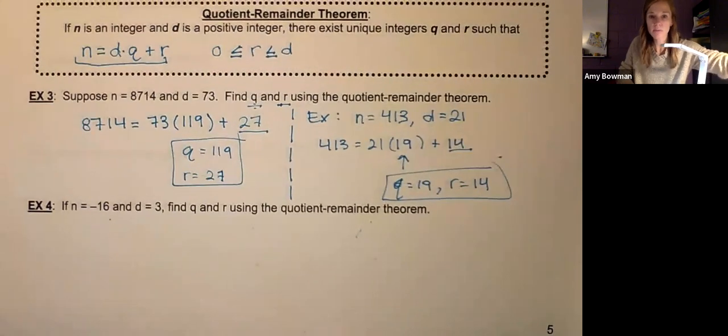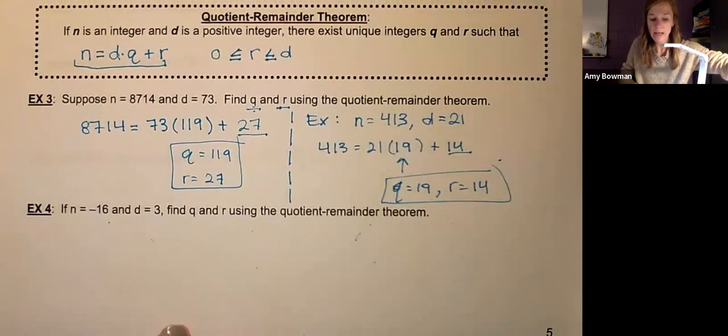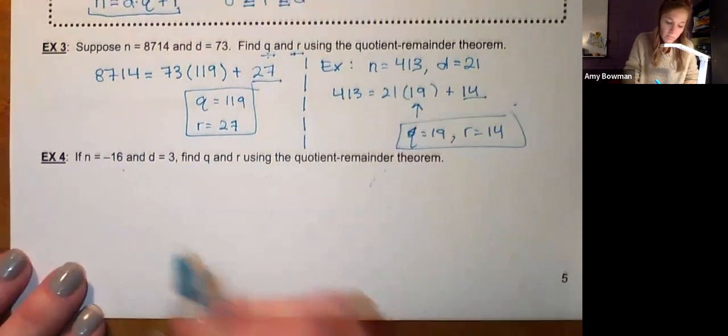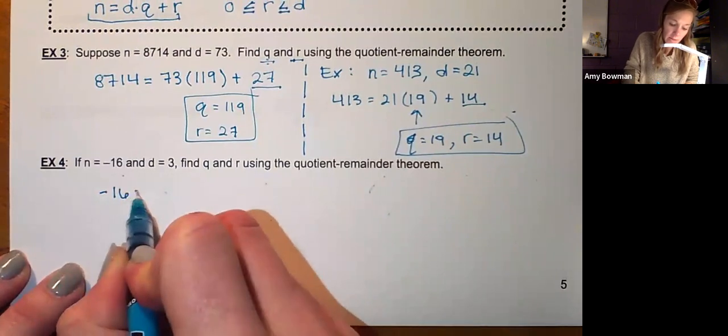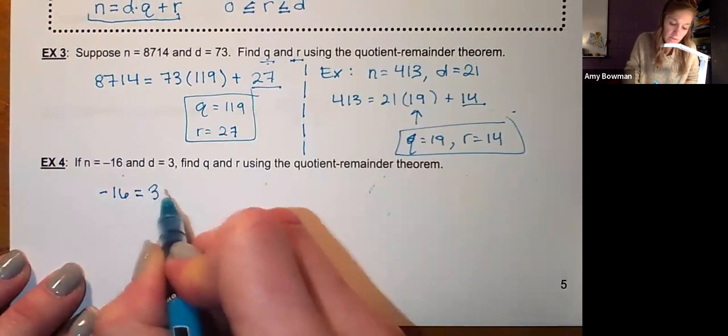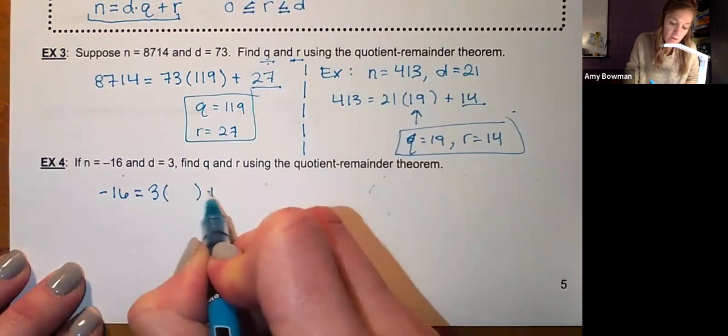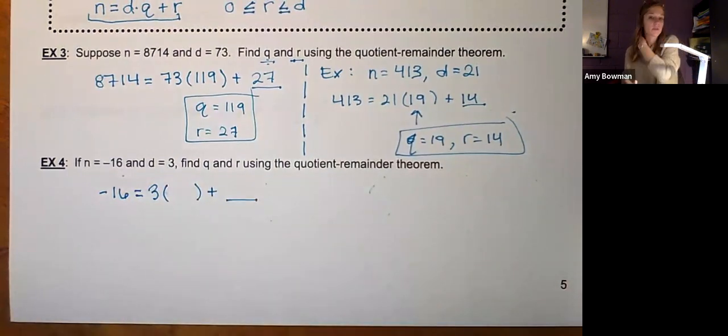And this is a special case because look at the value of n: it is a negative value. So we want to know, if n is negative 16, and I'm dividing that by 3, my divisor is 3, what is my quotient? What is my remainder? So we know that 3 times negative 5 is negative 15.